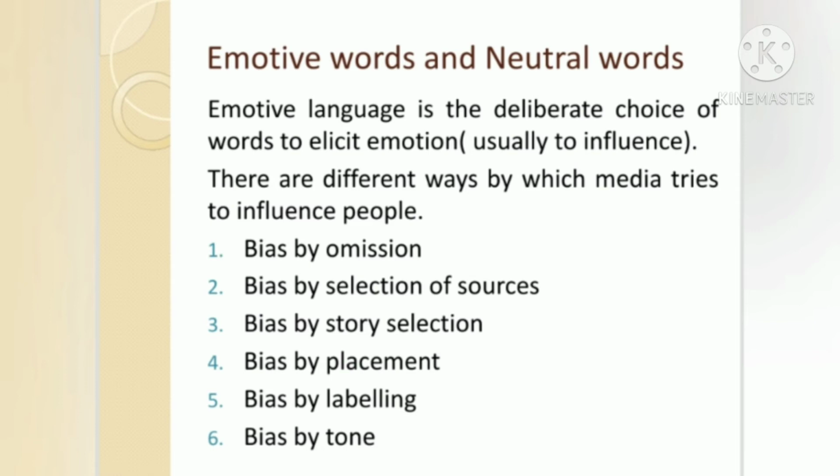The next one, bias by selection of sources. Sometimes newspapers tend to include more sources that support one view over the other, and that is known as selection of sources. In order to favor one, the newspapers tend to include more sources that support one view over the other. The third one, bias by story selection.